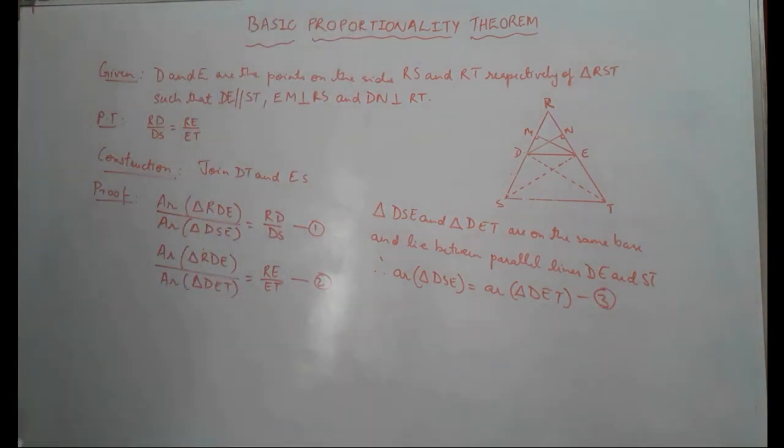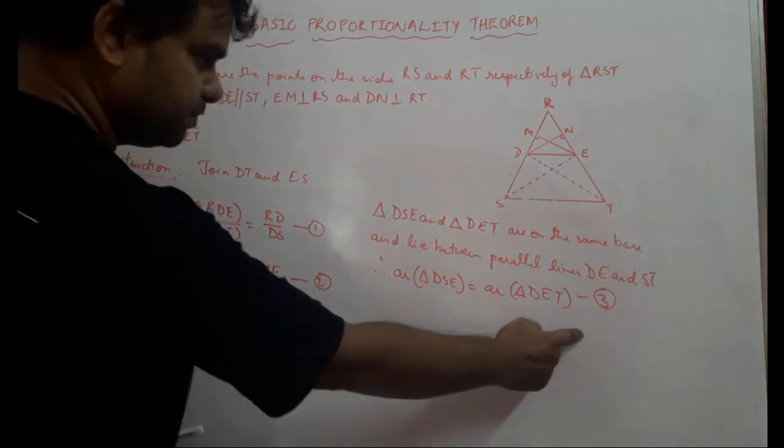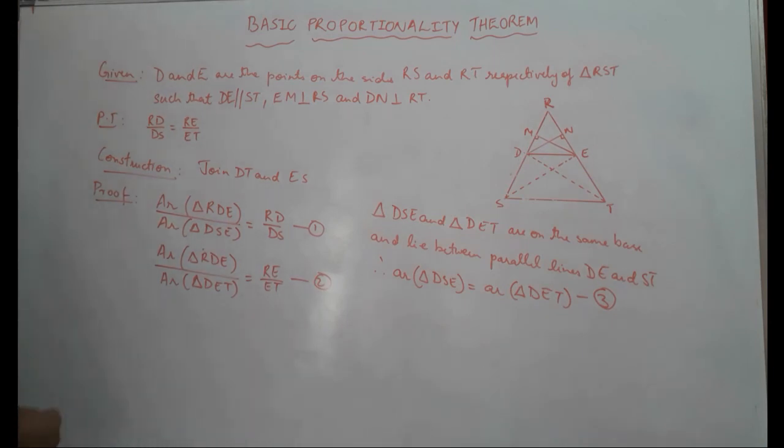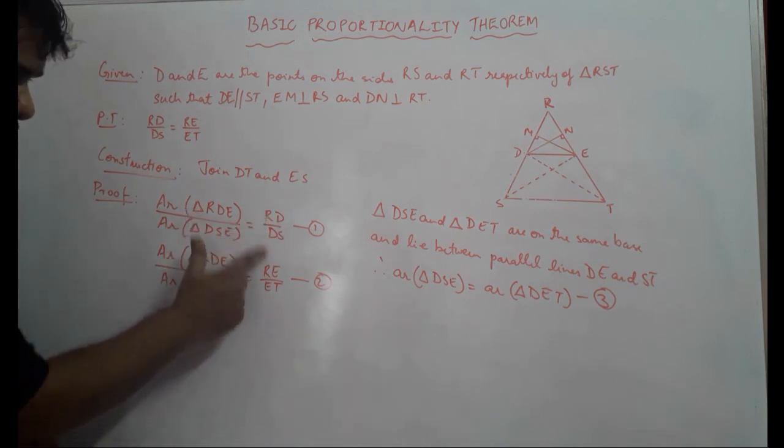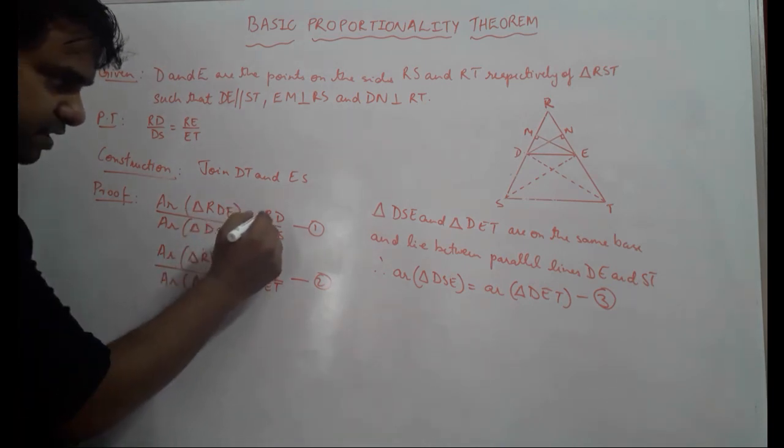Now if we have a look at 1, 2 and 3, we'll find something similar. RDE and RD is the same for both of them, and now DSE is equal to DET, that means triangle DSE is equal to triangle DET, so these two should also be equal to each other.